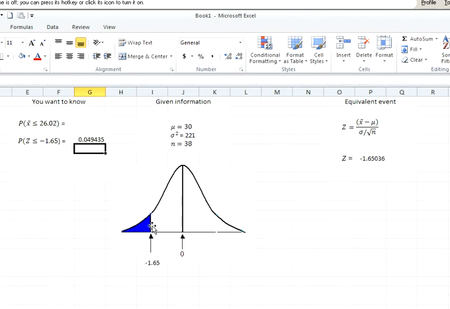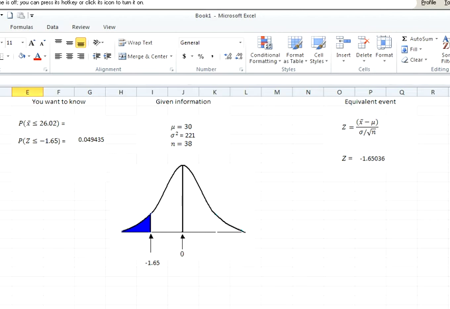You remember this whole area is 1. So in other words, this area is 4.94%. Now again, never express probability in terms of percent. Probability should always be in decimal or in fraction. Chance is in percent. Okay, so this is left-sided probability.